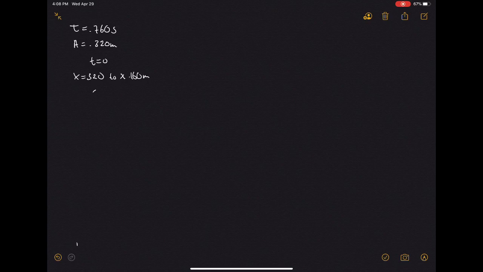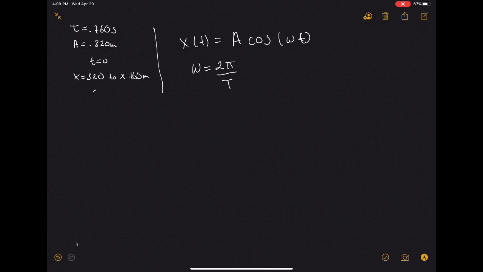So for the very first part, we're going to have to use this equation, which is x of t equals A, the amplitude, cosine of the angular frequency times time. In order to use this formula, we have to find the angular frequency, which is 2 pi over T, where T is the period.